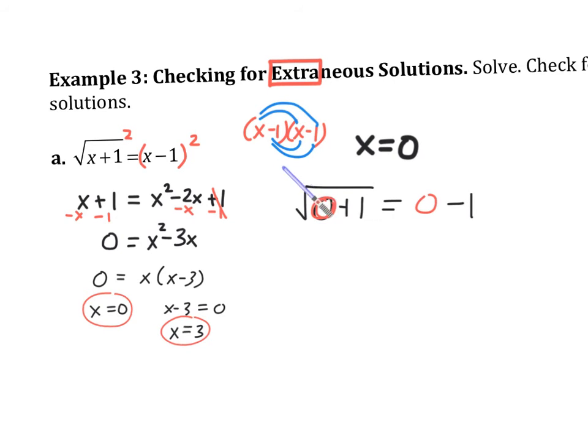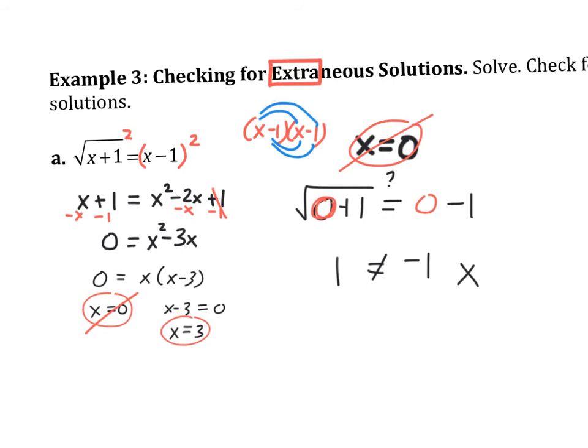Order of operations says 0 plus 1 is 1, and the square root of that is 1. And 0 minus 1 is negative 1. Oh, that's not a true statement. That's a false statement. Not true. So that means x equals 0 is actually not a solution.